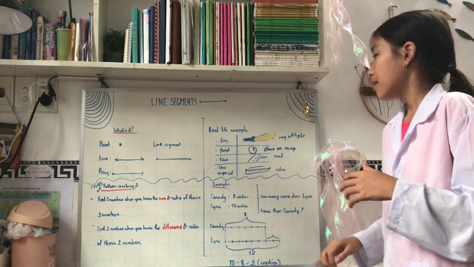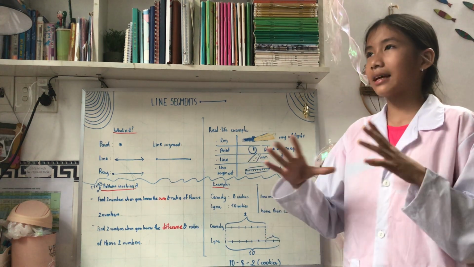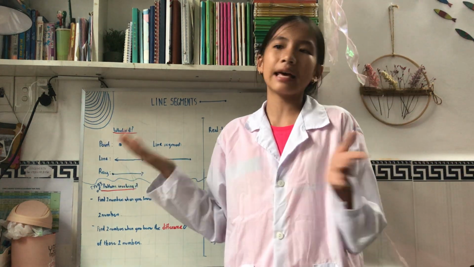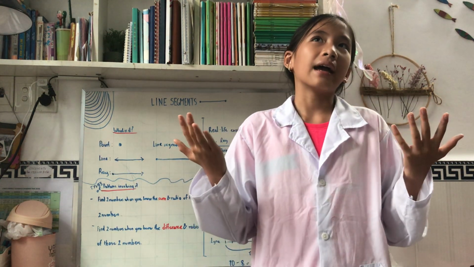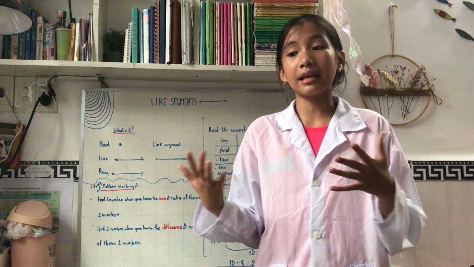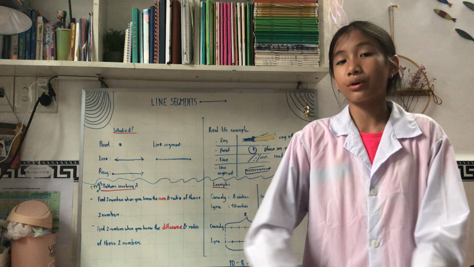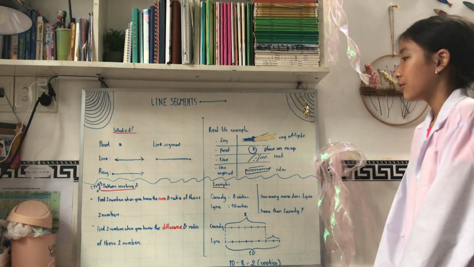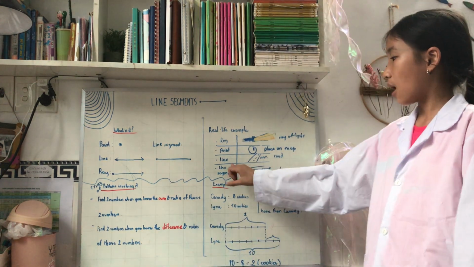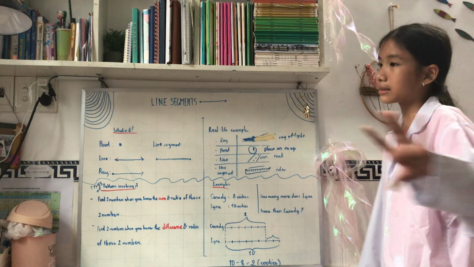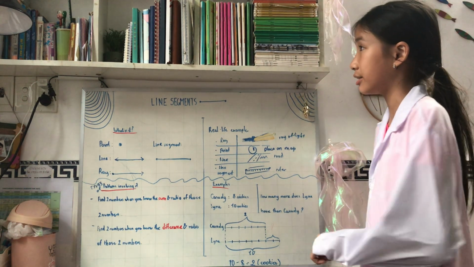Now for the line. Well, the line is like a road. It's never ending, or you can say it could be a railway road, the tracks of a train. Now for the line segments, there are many examples of line segments in our everyday lives.